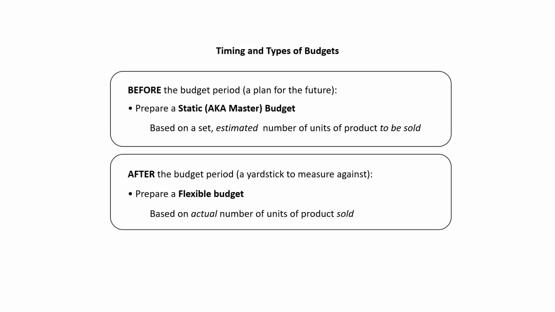The solution is to prepare a flexible budget, a budget based on the actual number of units sold. If we did everything exactly as planned, except we sold more or fewer units, our flexible budget should be identical to our actual results. This means that we'll be able to see where we didn't do things exactly as planned. This is useful information.